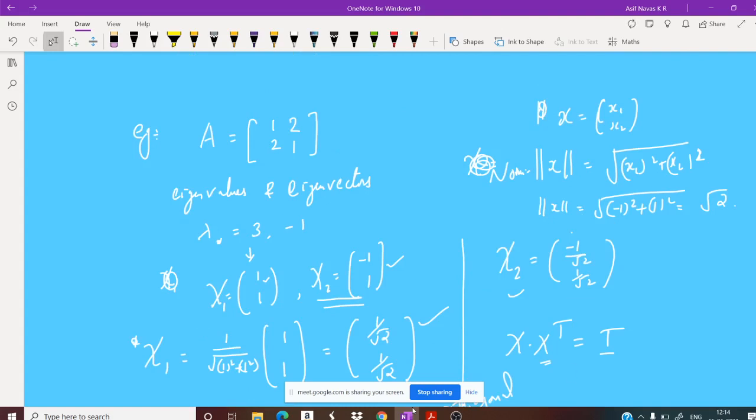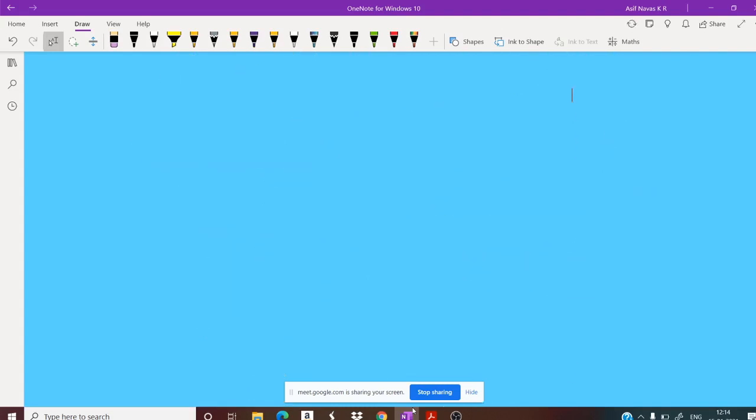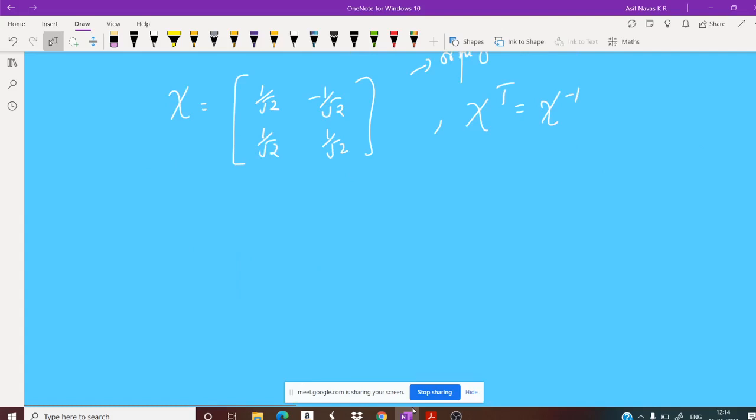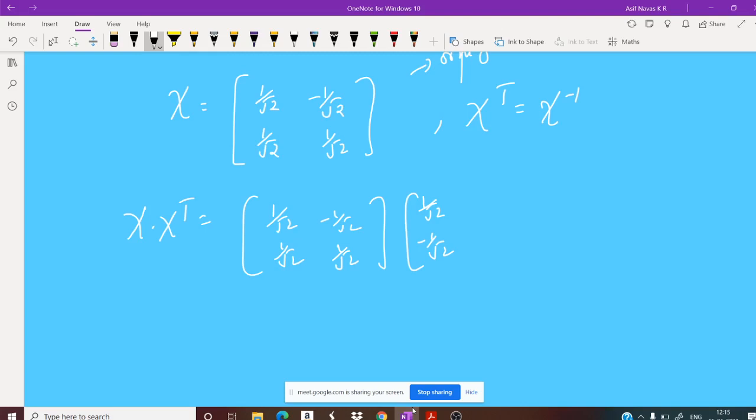So, this is X. Now I will multiply with X transpose. 1 by root 2, 1 by root 2, minus 1 by root 2, 1 by root 2, into the transpose, which is 1 by root 2, minus 1 by root 2, 1 by root 2, 1 by root 2.